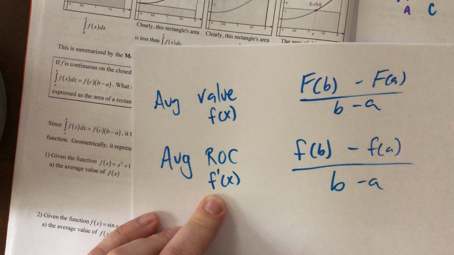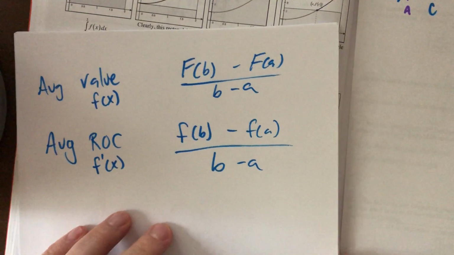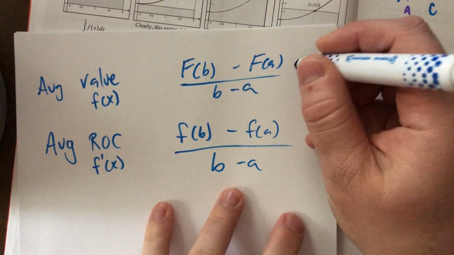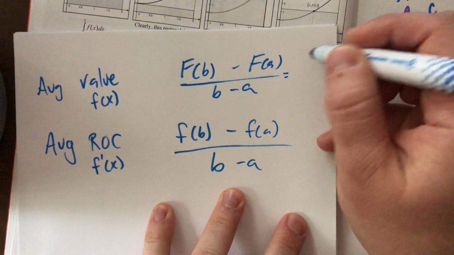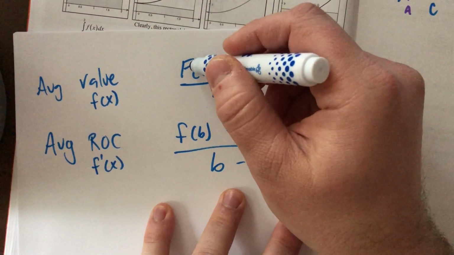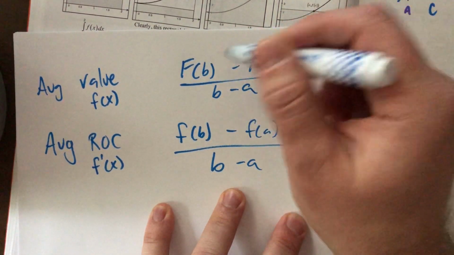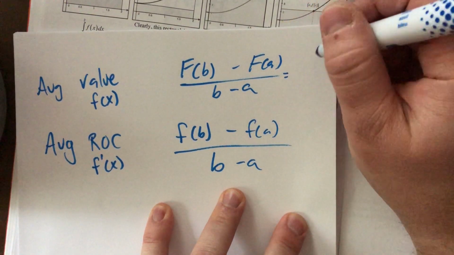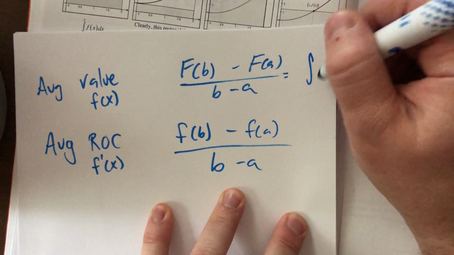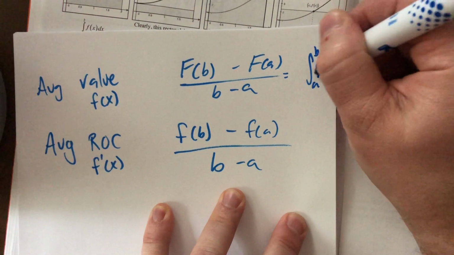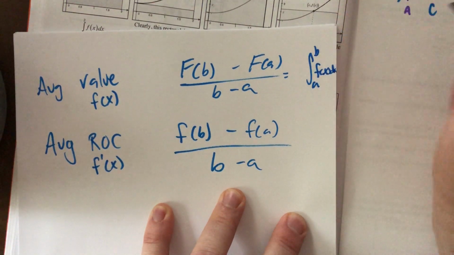And this is our average value formula. But we make it fancy by instead of saying f of b minus f of a, big F's there, we say that's the integral from a to b of f of x dx, right?